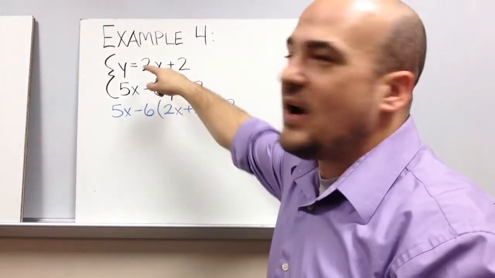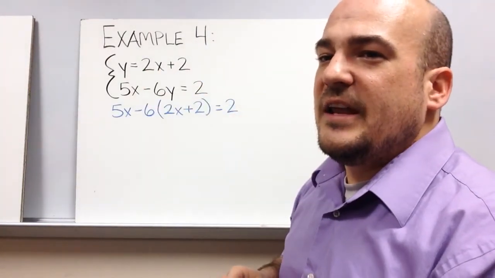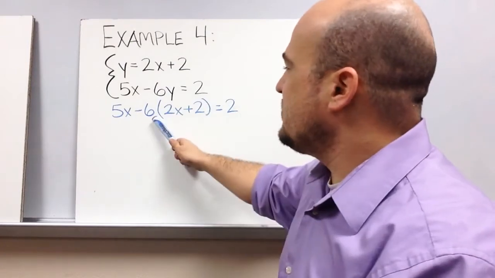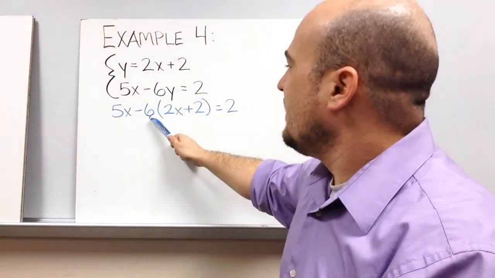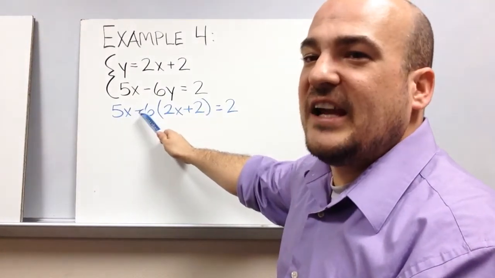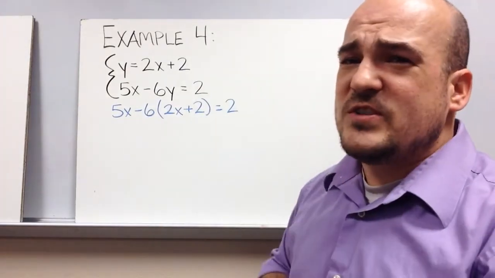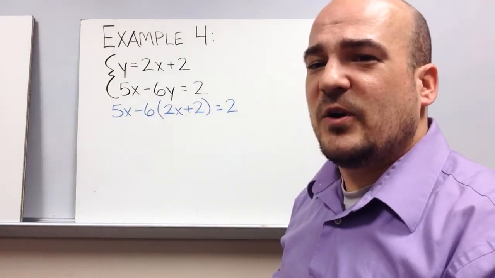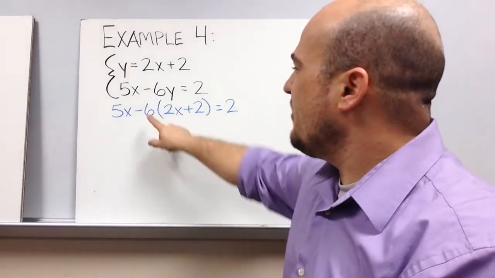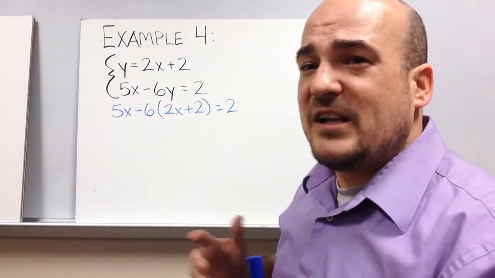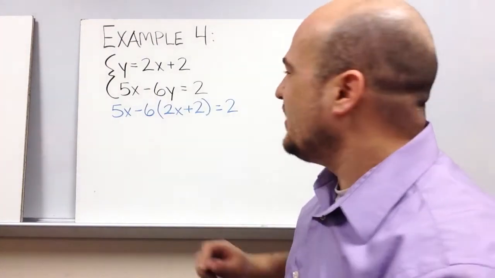Because I know that that's what y is equal to, 2x plus 2. Now this one's a little bit trickier because when I distribute this negative 6, I need to remember to distribute that negative along with it. So don't lose those negatives. I know that's usually the spot where we make our mistakes. So be very, very careful with your negatives. Pay close attention. The details definitely matter.